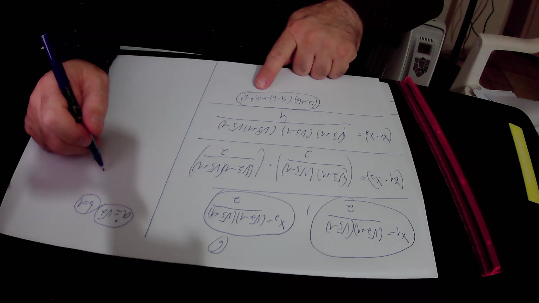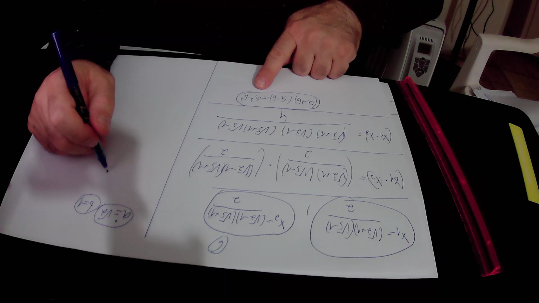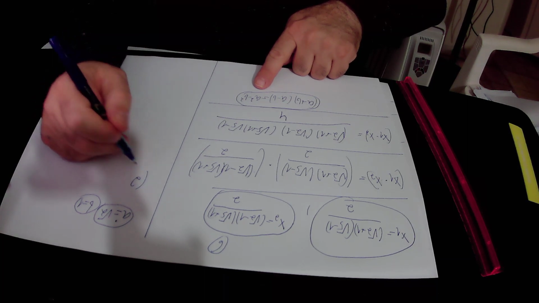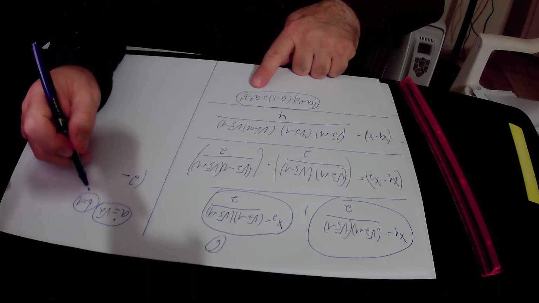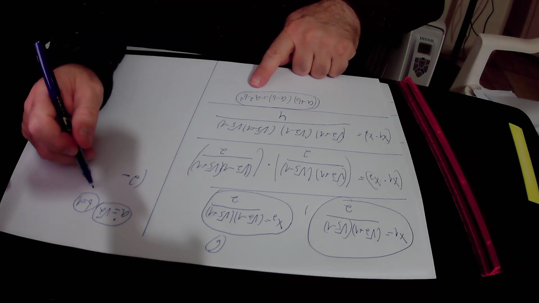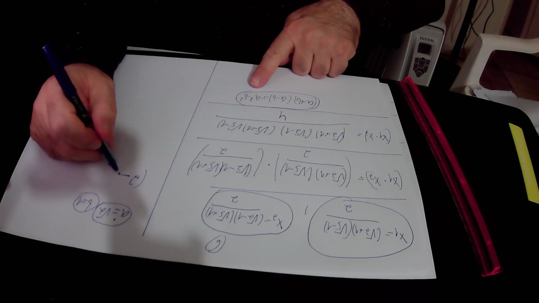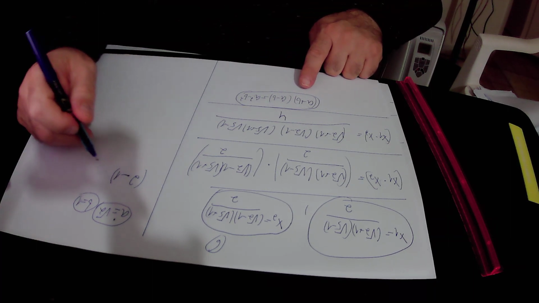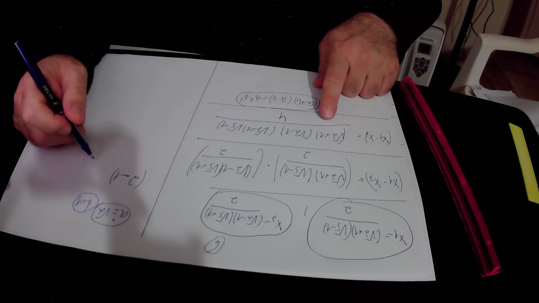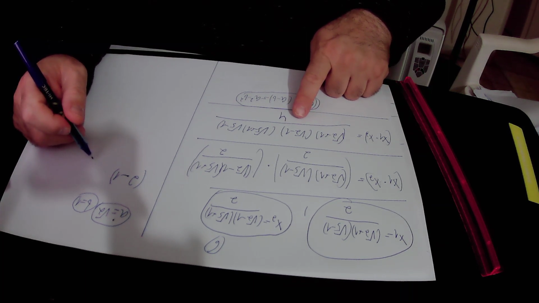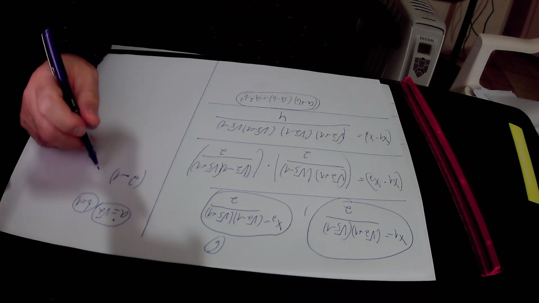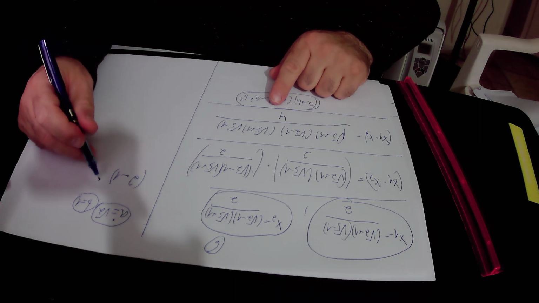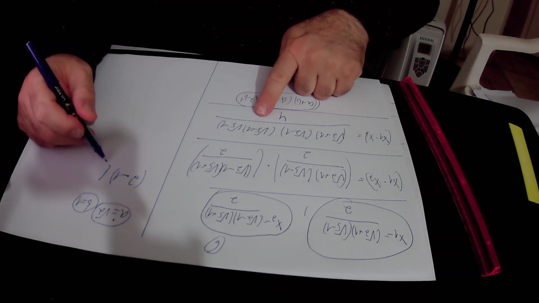A is square root of 2, so a squared is square root of 2 squared, which is 2, minus b squared. B equals 1, so b squared is 1 squared, which is 1. So it is minus 1. So in conclusion, we found out that square root of 2 plus 1 times square root of 2 minus 1 equals 2 minus 1. That is actually 1.